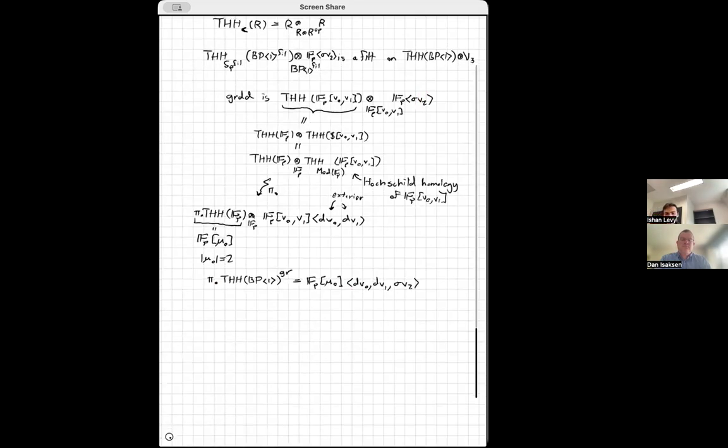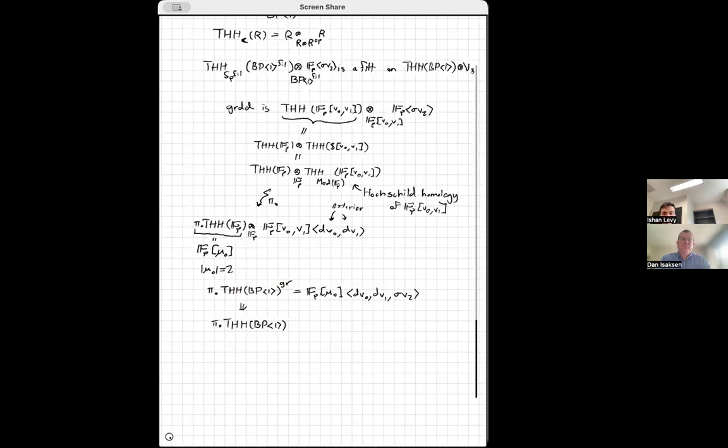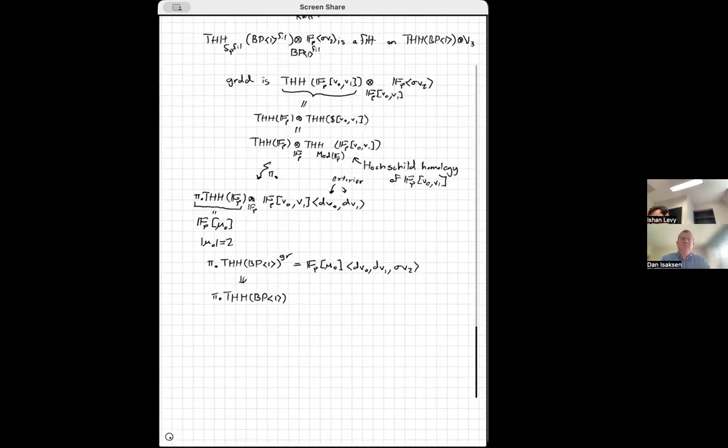Okay. So now there's a spectral sequence whose E1 page is this, and that converges to the homotopy groups of THH of BP1. So the spectral sequence is coming from the fact that this is the associated graded of a filtered object. Okay, so what happens in the spectral sequence? I won't justify myself here, but I'll tell you what happens. So there are two differentials that determine everything up to the Leibniz rule.